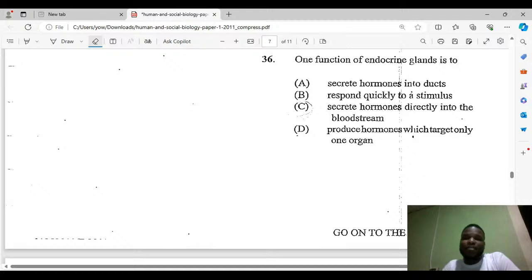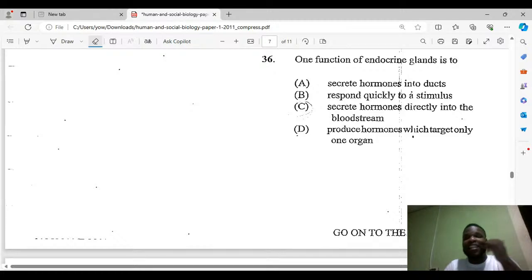So Mrs. C, why is it C? Why not A? So C is actually correct because the endocrine gland, right, makes hormone that is released directly into the blood stream and travels to the tissue and organs of the body, right?